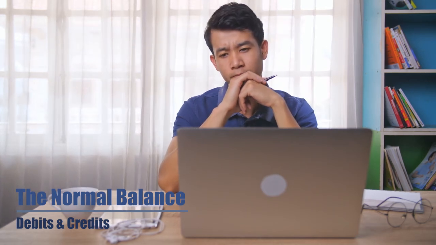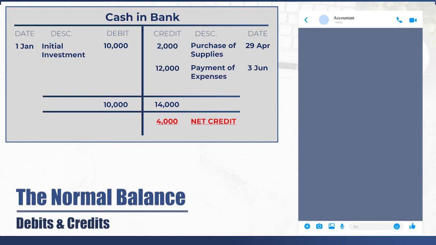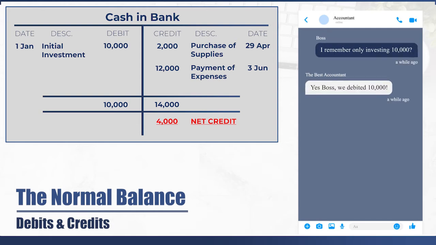For example, in the case of cash, it doesn't make sense for us to disburse more cash than what we currently have. So in case your cash has a net credit balance, this clearly is an abnormal balance that needs to be investigated or explained or possibly corrected, because it means that you've spent more than the cash that you actually have.